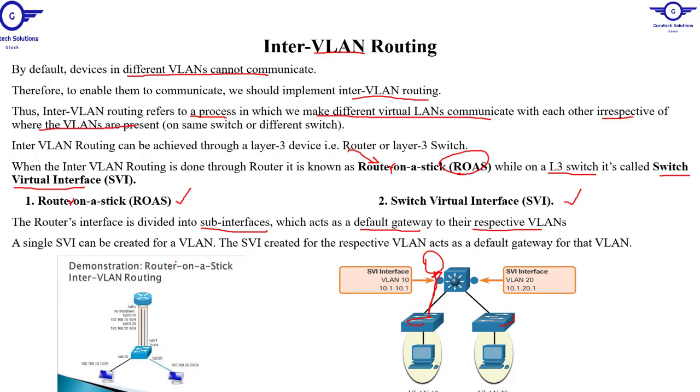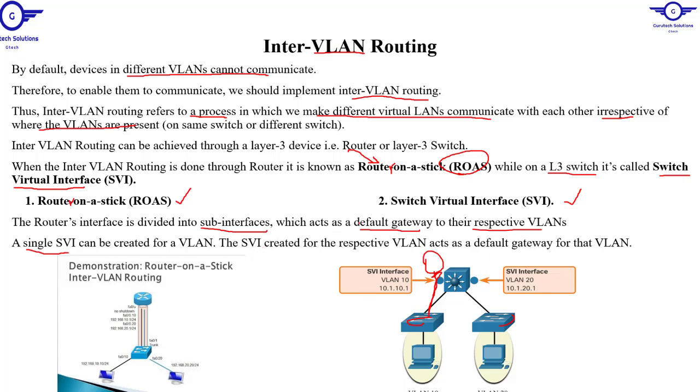And what is a switch virtual interface? A single SVI can be created for a VLAN. For example, if you have VLAN 10, 20, 30, 40, 50, we can create an SVI for each VLAN: an SVI for VLAN 10, another for VLAN 20, VLAN 30, 40, 50, and so on.